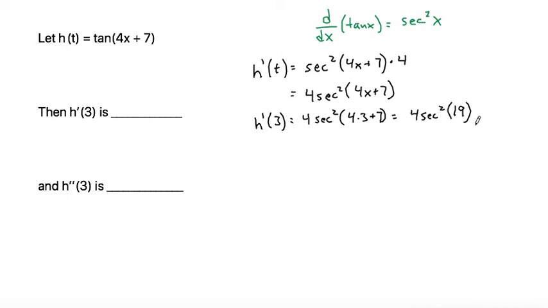So this would be the exact answer. If you wanted to plug this into your calculator, make sure that it's in radians to get a decimal. But this would be our first answer, 4 secant squared of 19. And also, you probably won't have a secant on your calculator unless you're using an online calculator. So you'll need to use that secant is equal to 1 over cosine in order to simplify.